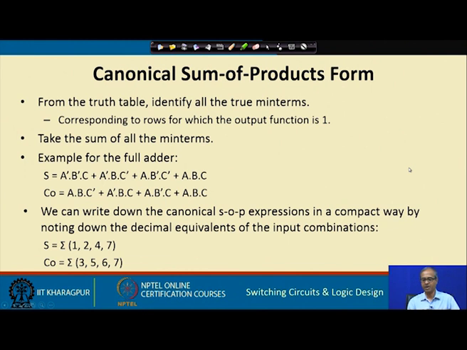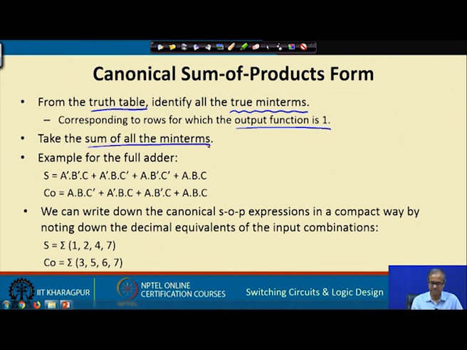Let us first look at canonical sum of products. So, you have the truth table. From the truth table, you identify all the true minterms. True minterm means the rows for which the output is 1. Take the sum of all the minterms.